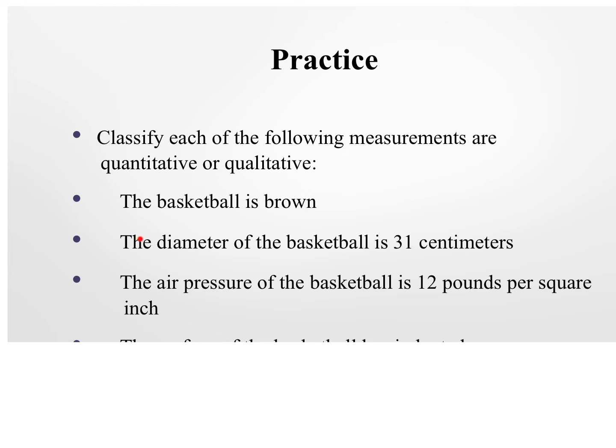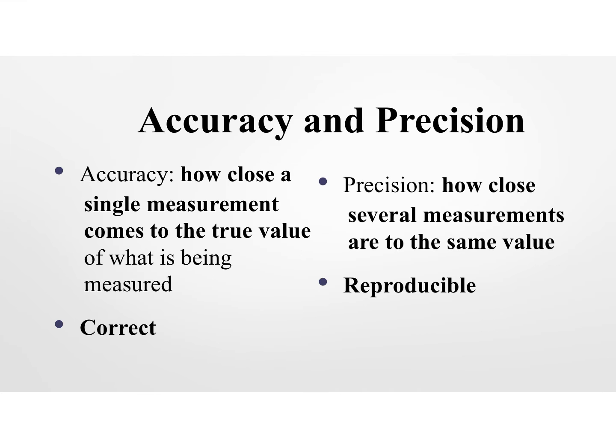Okay, quantitative, it has the number. The air pressure of the basketball is 12 pounds per square inch. Okay, quantitative. This gets cut off, but if you're looking on the Google slides, there's one more, and it says the surface of the basketball has indented seams. Okay, qualitative. Perfect.